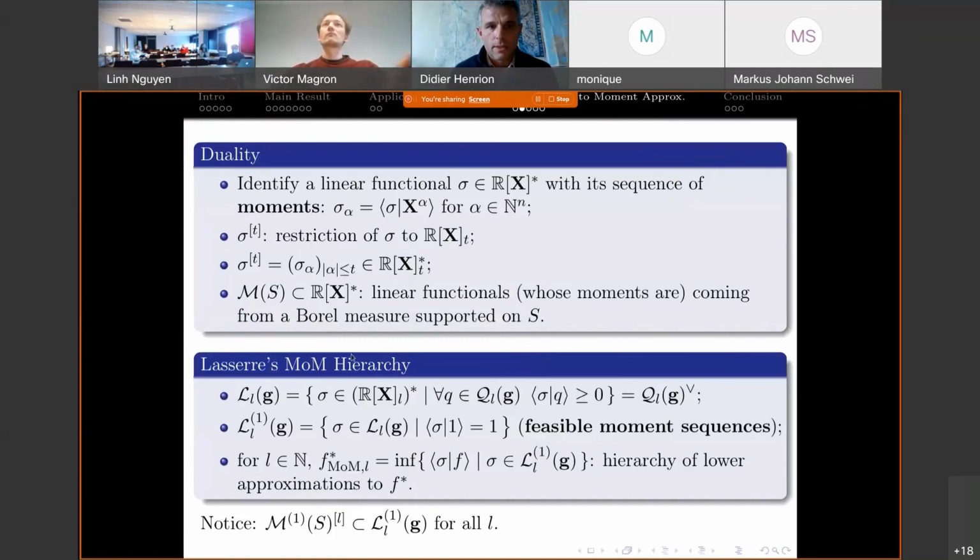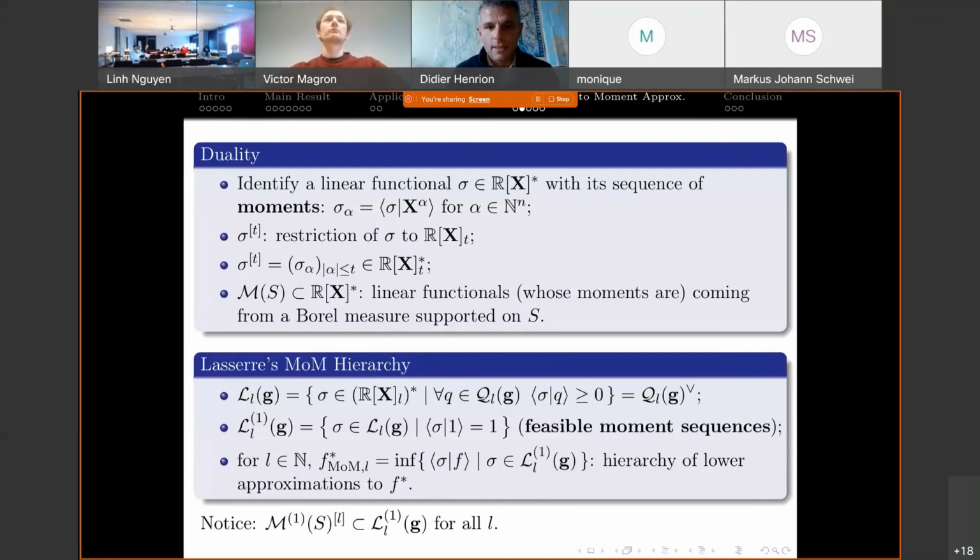Yes. So, I mean, this is why I always put the linear functional with its sequence of moments. When you say moment relaxations converging to measures, I would rather say pseudo moments converging to genuine moments. I think this covers better geometrically what you're doing, but that's just a suggestion.